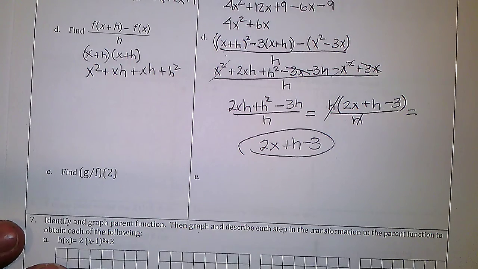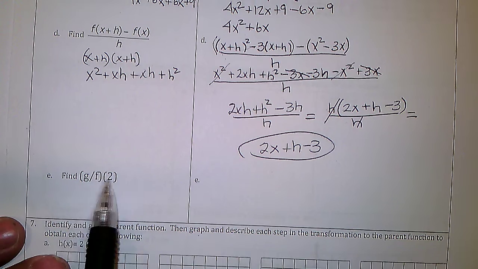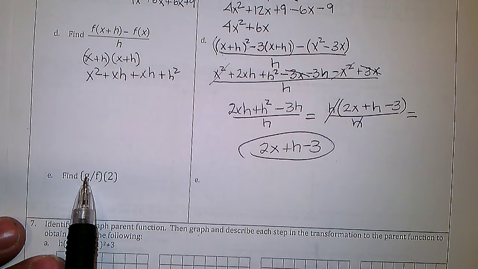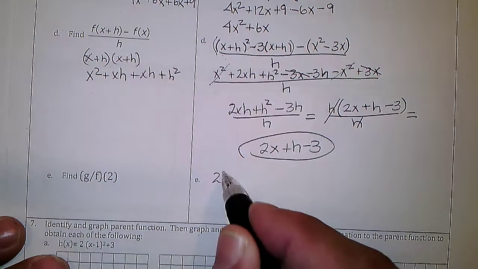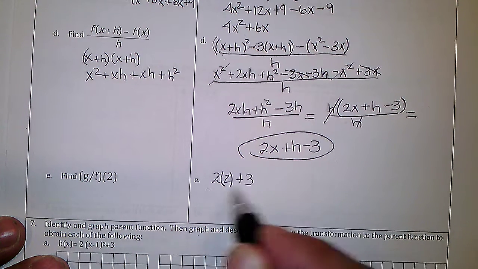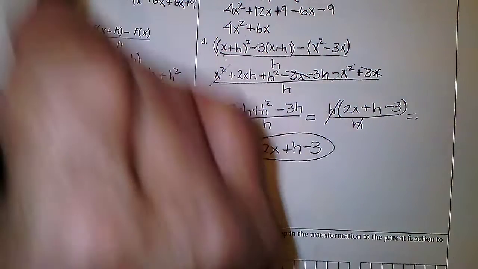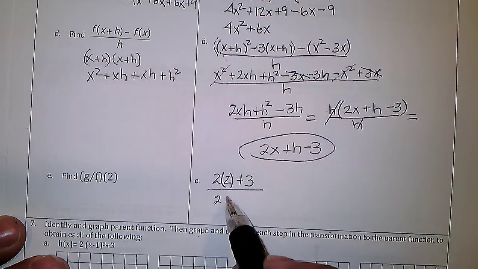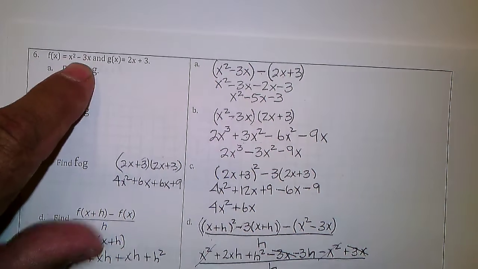Okay. Now, some people get this mixed up. You got to look at this carefully. It says put 2 into G and put that into F. Put the G one on top. G is 2x plus 3, so I'm putting 2 in place of the x, over, and F says put 2 in for the x's, so we get 2 squared minus 3 times 2.